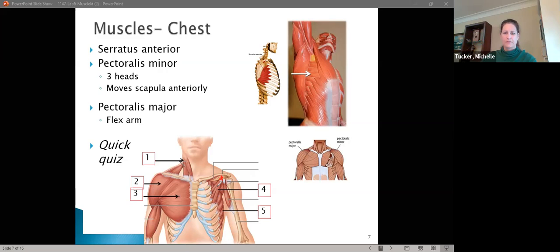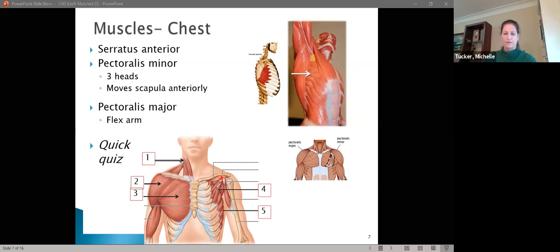So if you count 1, 2, 3, then this is pectoralis minor. So this is its origin, this is actually its insertion. When it contracts, it's going to bring the scapula forward. It has an attachment point on the scapula, and it pulls it forward.